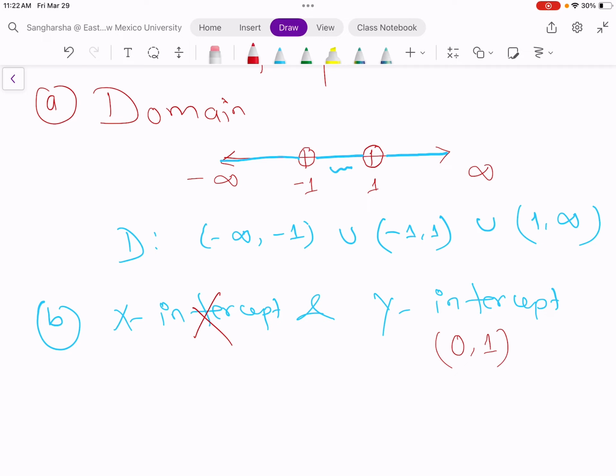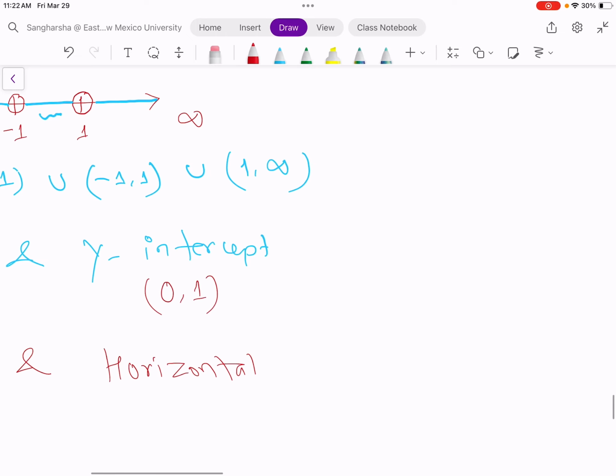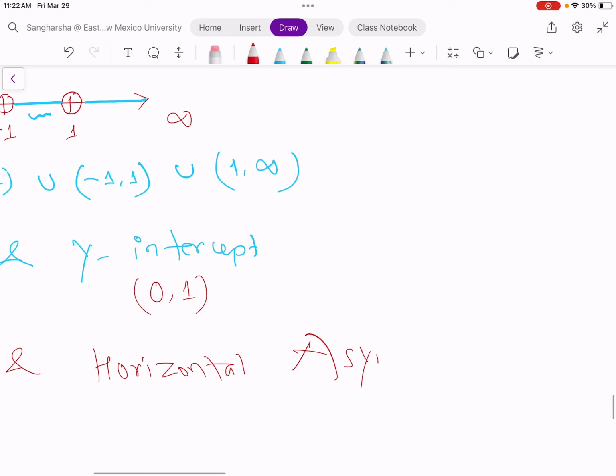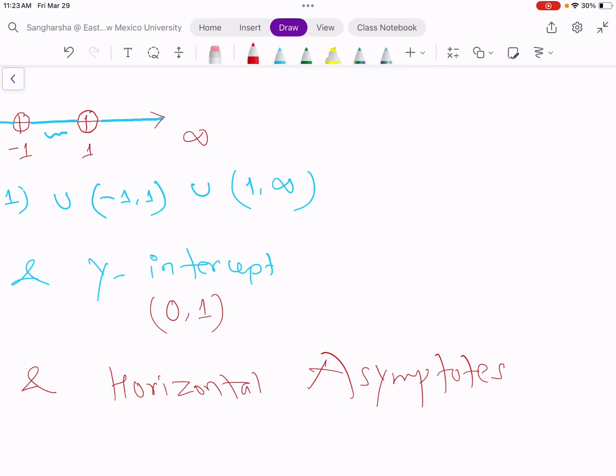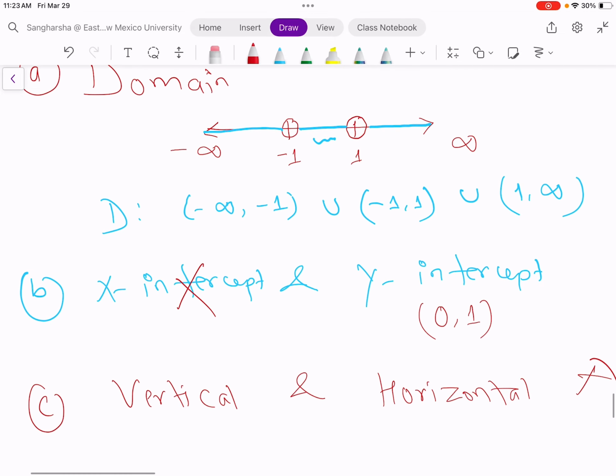Now the next is that you will be asked to write down the asymptotes, vertical asymptote and horizontal asymptote. Do we have any vertical asymptote and horizontal asymptote? Yes. Whenever you are writing the vertical asymptote, make sure you write x equals, and if you are writing the horizontal asymptote, y equals.